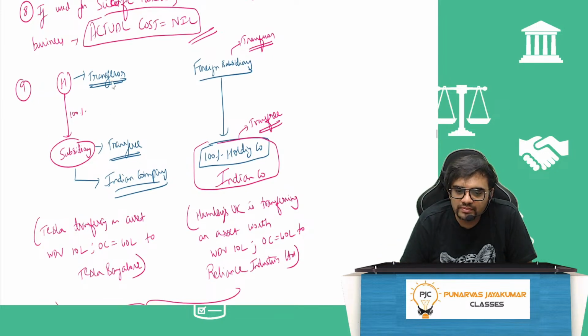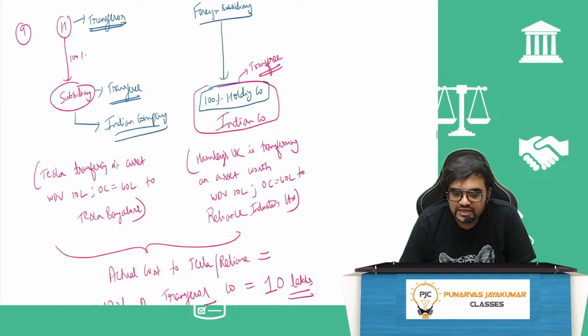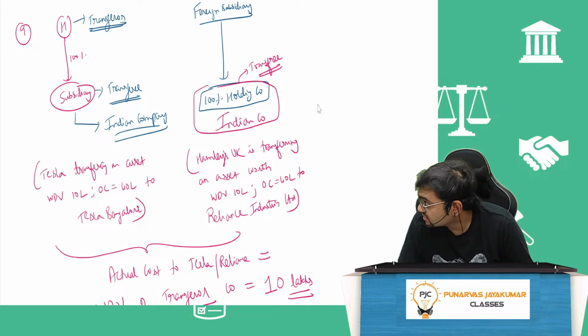A transferor company, 100% transfers to a subsidiary company, which is a transferee Indian company. That is, Tesla transferring an asset with WDV 10 lakh rupees, original cost 40 lakh rupees, to Tesla Bangalore. Or on the other hand, Hamleys UK is transferring an asset with WDV 10 lakh rupees, original cost 40 lakh rupees, to Reliance Industries, whatever the case may be.